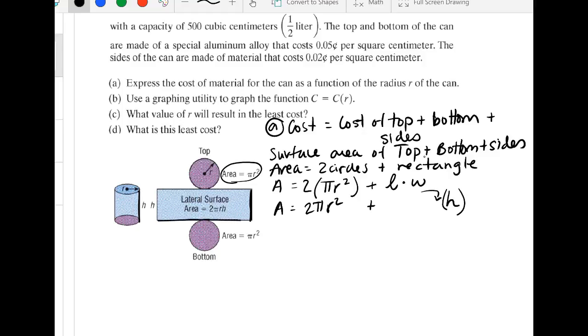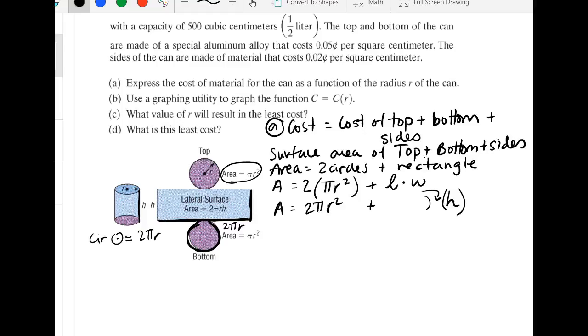Here's the length. But this length is really the circumference of the circle that got flattened out. And the circumference of a circle is 2 pi r. So this length right here, because it's a circumference, is really 2 pi r.